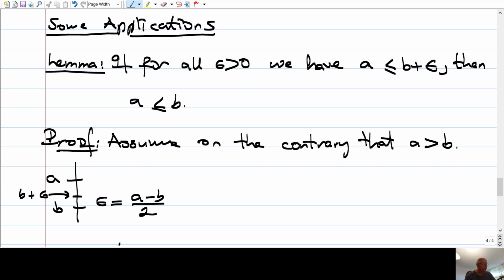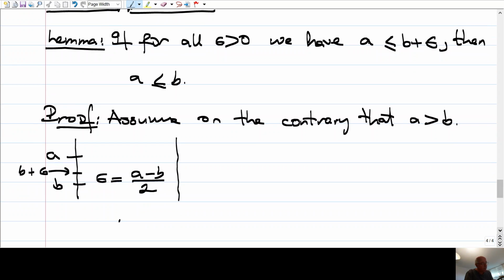So that's the proof. From this picture, I see the proof. However, in mathematics, we have to write things down clearly so that anyone that reads it should be able to understand. So I will keep this picture here, but write my proof here in detail.